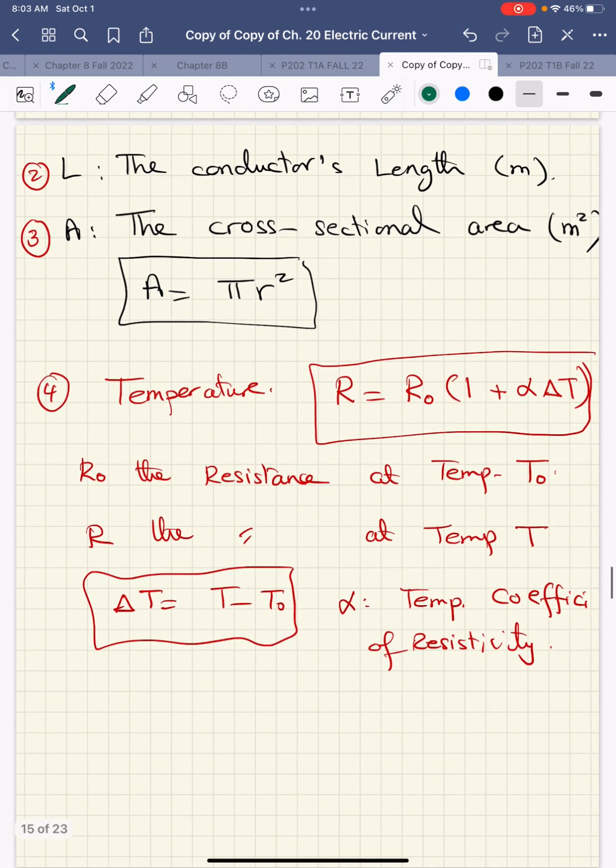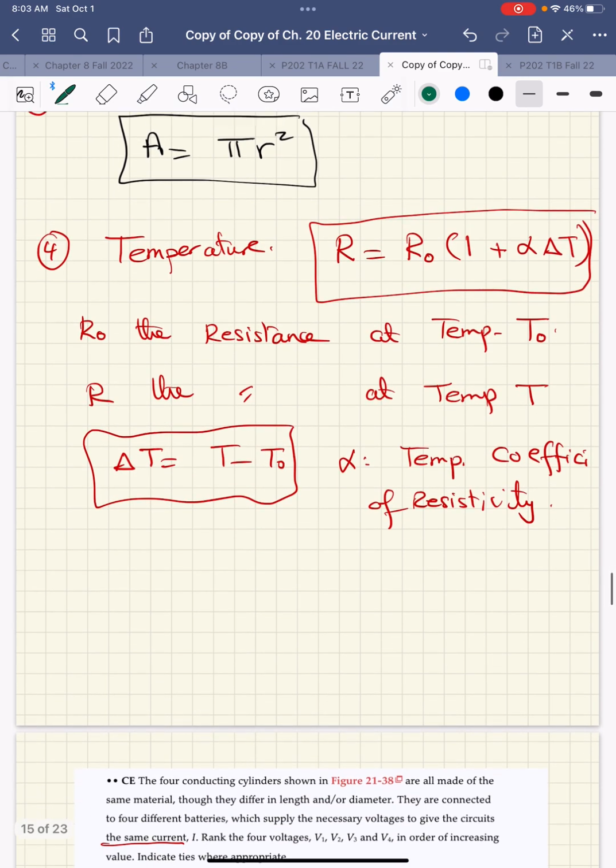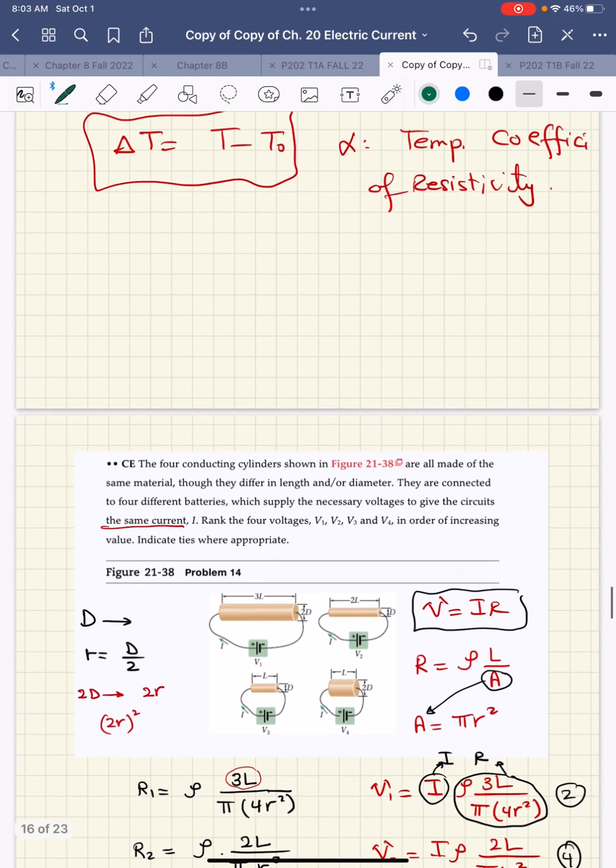You will be given the resistance at a certain temperature, and then you calculate the resistance at another temperature using alpha.